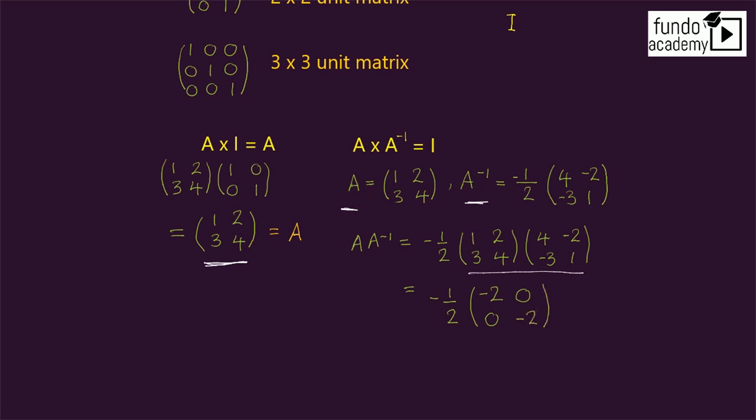And if we are to simplify, because we have this scalar -1/2, if you multiply -1/2 by each element within the 2 by 2 matrix, the product that we have obtained, you're gonna find that we're gonna get our solution coming out as our identity matrix, right? So what that proves to us is that if you multiply a matrix by its inverse, what you're gonna get is an identity matrix. A very, very important point.